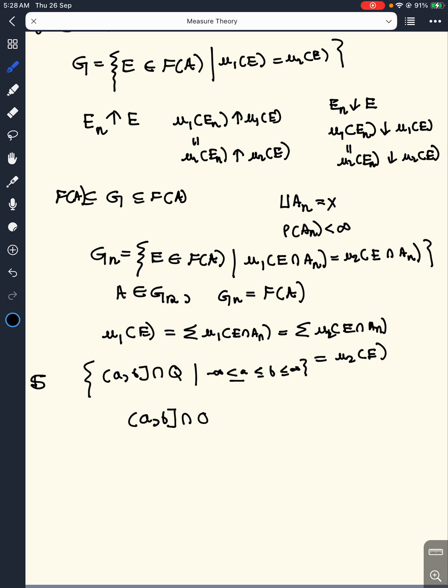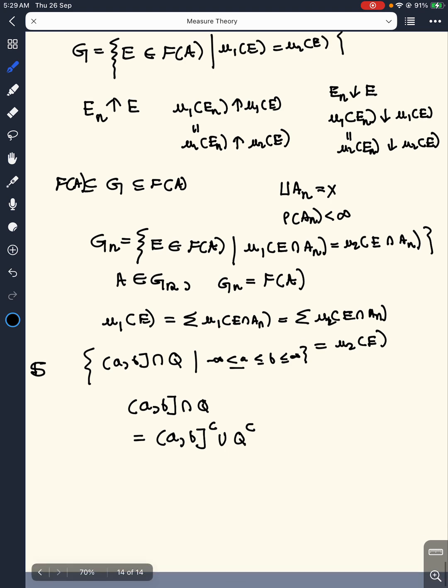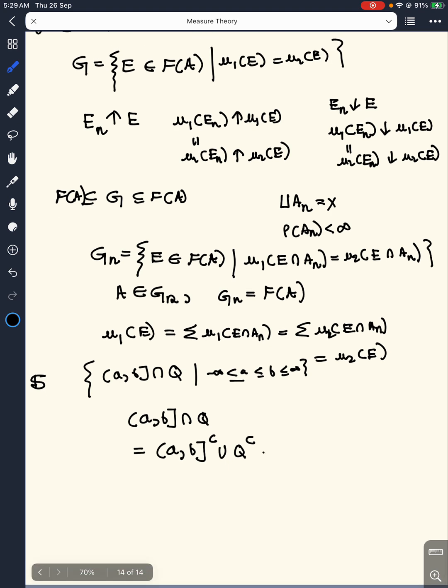So intersection Q complement, so this is (A, B) complement union Q complement. So this can be written as a finite intersection of the semi-algebra.